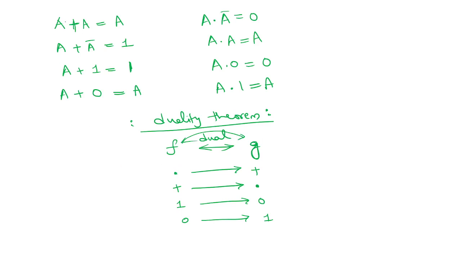You can look at this. Take this example: A plus A is A, right? This is a proof. If you replace this OR operation with AND, A and A is A. Is it true or not?